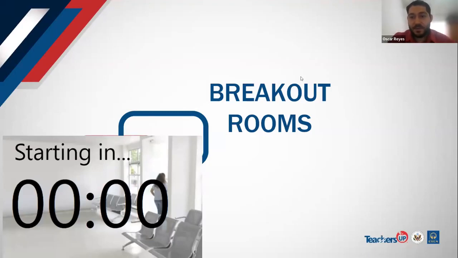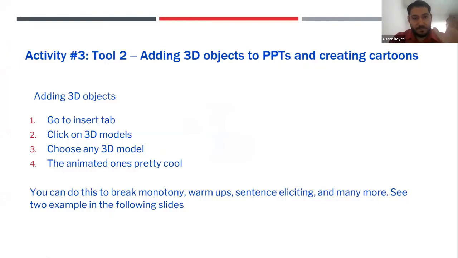So I'm going to move on to the second one, if it's okay. In this case, the second thing is adding 3D objects to PPTs and creating cartoons in PowerPoint.